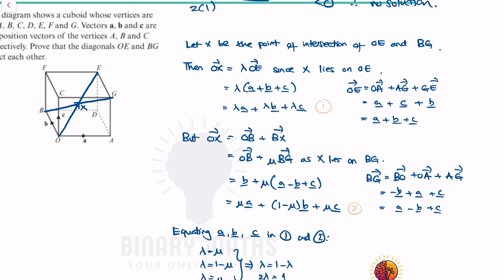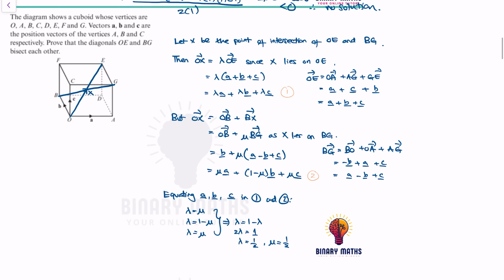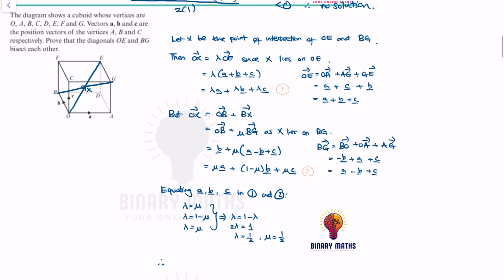If lambda is equal to half, it means mu is equal to half. So therefore, OX is equal to half times OE.